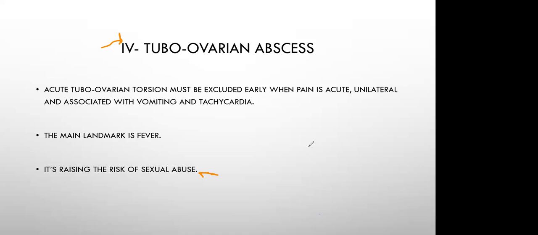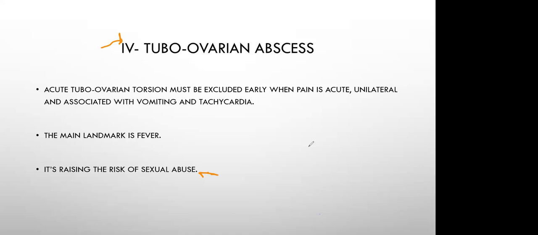Now, in clinical examination, if you have some suspicion regarding sexual abuse or unprotected intercourse against the patient's will, then the most critical choice is clinical examination, looking for any bruises, any scratches in the skin, and any trauma to the genital area. So this is very, very important in the exam.